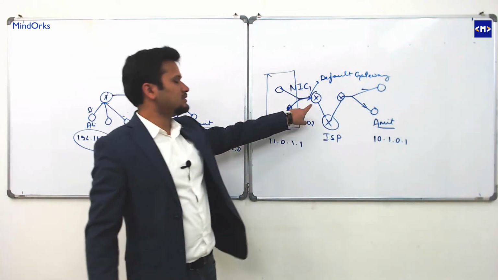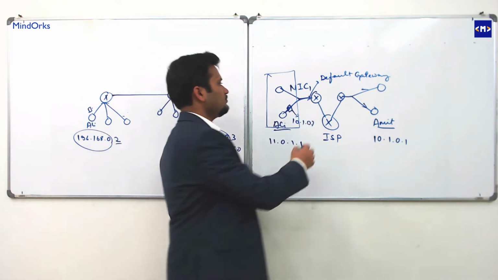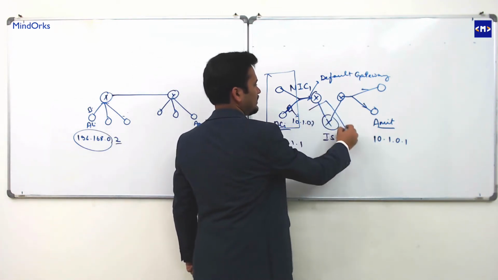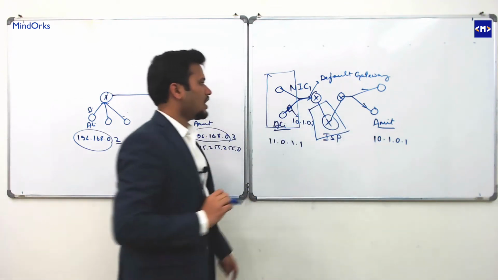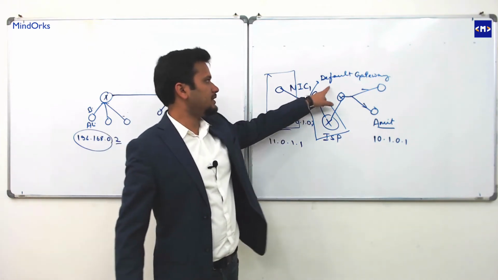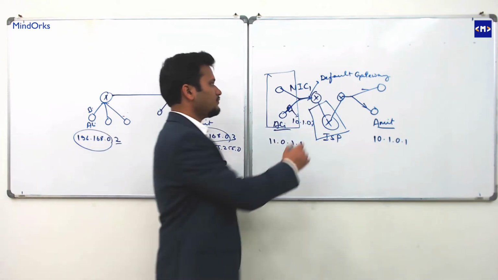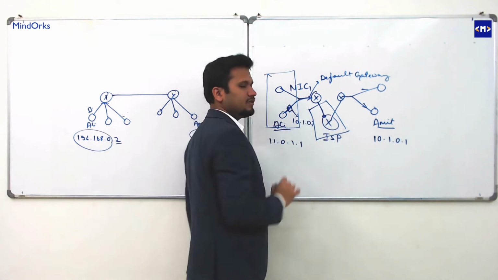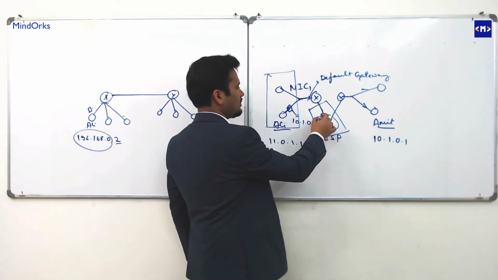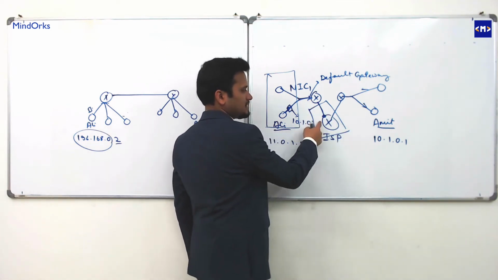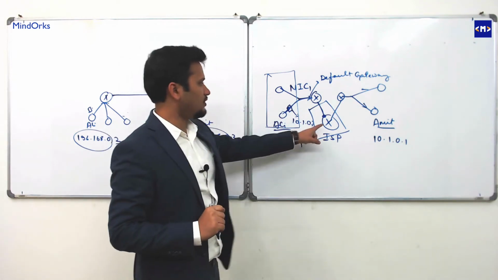Now this router will try to find the IP address in the next network. It does not know about this IP address in the next network, so it will forward to its own default gateway. This default gateway is connected to the next router's default gateway.